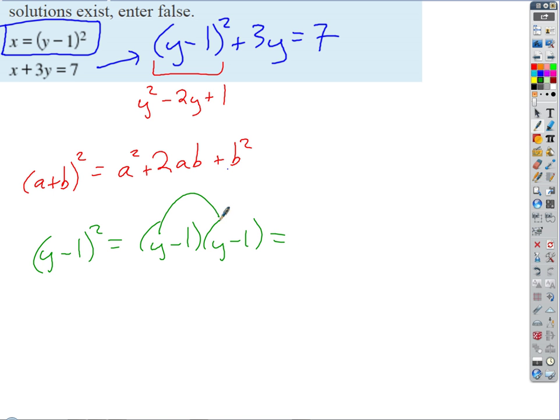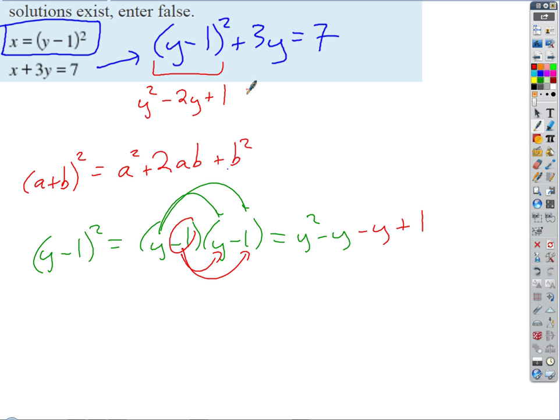Distribute the y to both terms and get y squared minus y, then distribute the -1 and get minus y, -1 times -1 is +1, and if I add up those like terms, -y plus -y is just -2y. Either way, I'm going to get the same answer, aren't I? So y minus 1 squared becomes y squared minus 2y plus 1.